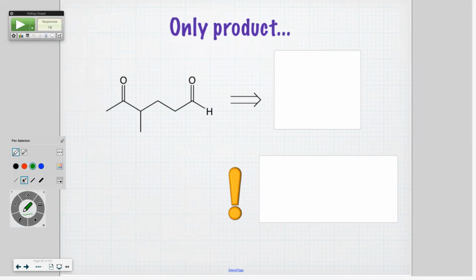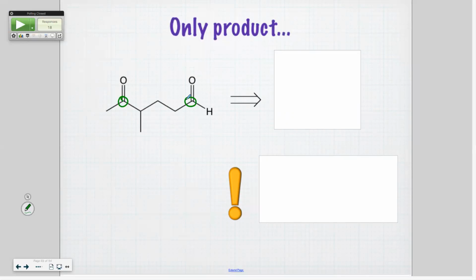What do you know? The carbons of the carbonyls are the carbons of the double bond. So this and this are going to be stuck together. Okay, how many carbons are in just the ring part? 5. Everybody get 5? 1, 2, 3, 4, 5.